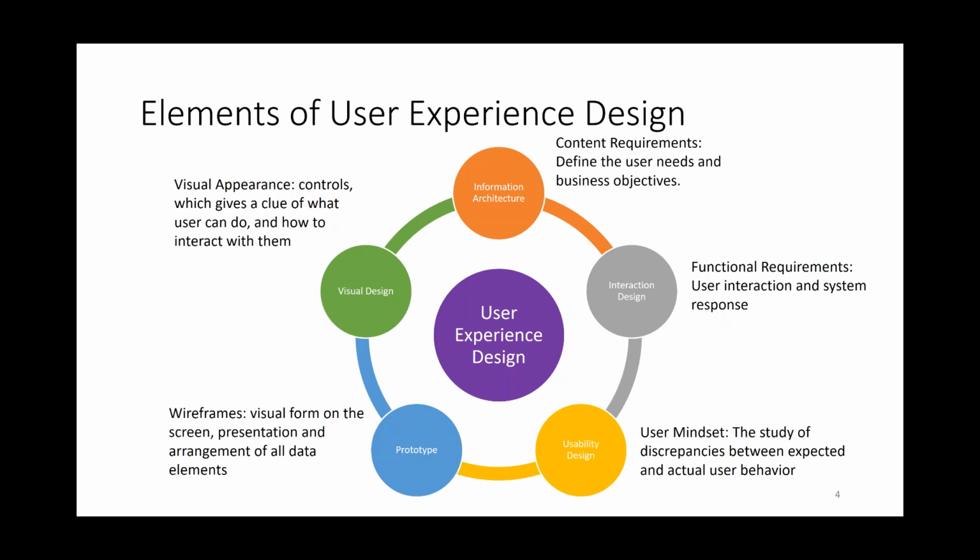Now at this stage, most of your usability design and prototype is complete, and this should be pretty much a final stage. You can still get feedback and go through the iterative process, but at this point, if you are making any changes, it's more expensive to go back and change that.